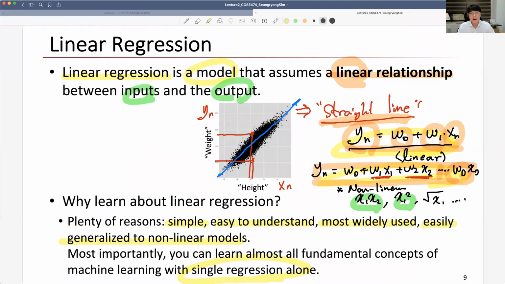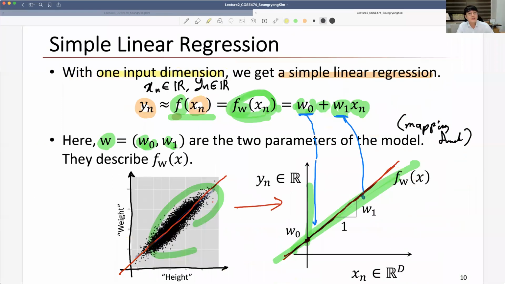This linear mapping function represents the straight line, and it consists of only linear terms, not non-linear terms. And if you think about the very simple case, where there is one input feature xn and one output yn, we'd like to find out W0 and W1. If you have the W0 and W1, we can define the mapping function, something like this.